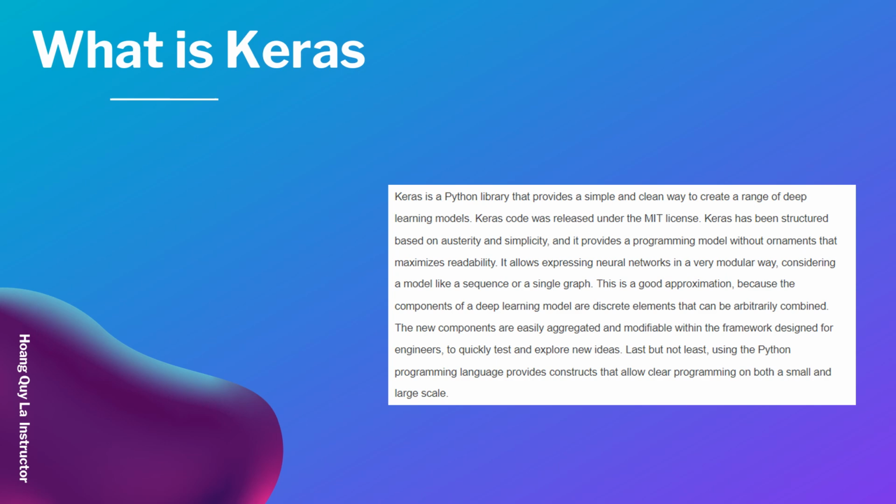This is a good approximation because the components of a deep learning model are discrete elements that can be arbitrarily combined. The new components are easily aggregated and modifiable within the framework designed for engineers to quickly test and explore new ideas. Last but not least, using the Python programming language provides constructs that allow clear programming on both a small and large scale.